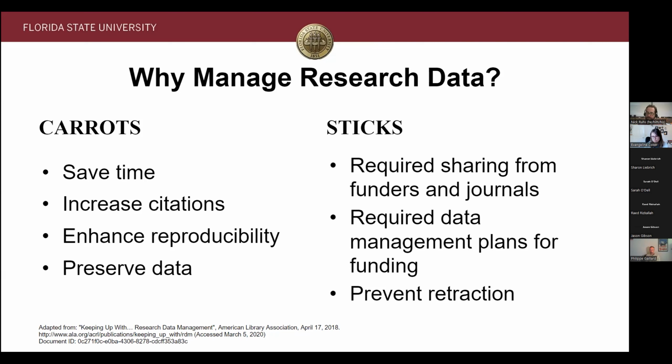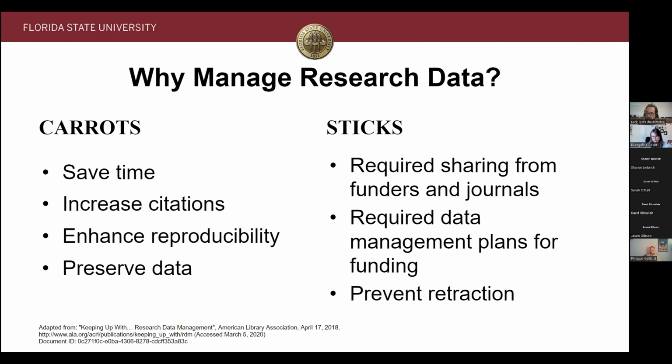So the flip side of that is the sticks. And this is why a lot of folks are interested in data management and why a lot of us think about that while we're working on a research project. Many funders and journals have in the last few years begun to require data sharing as a requirement for funding for a research project.